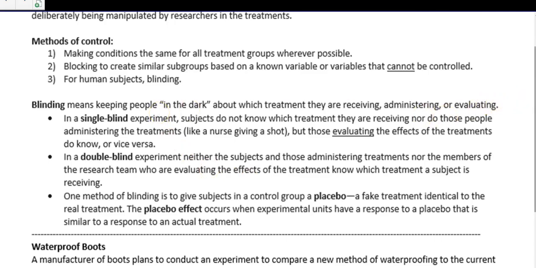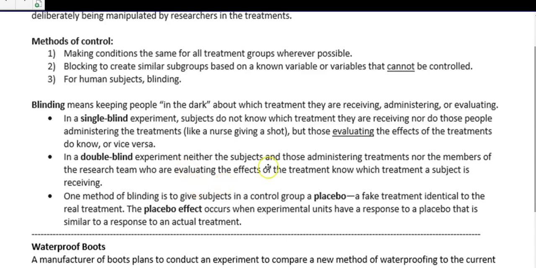A well-designed experiment, especially anything involving people, follows the protocol of using placebos and using double-blind whenever possible, because people tend to have a biased way of looking at things when they know what's going on.